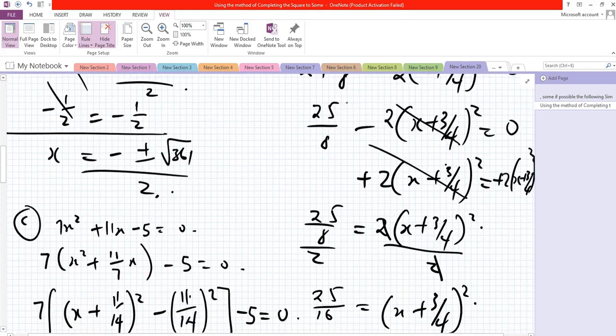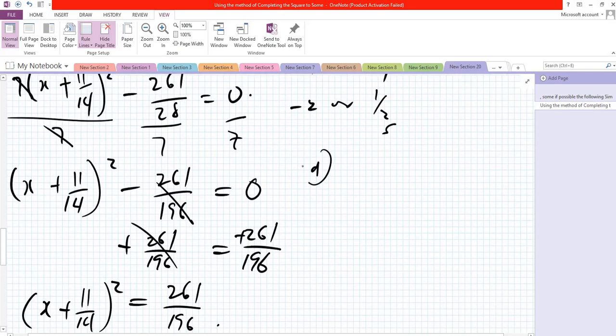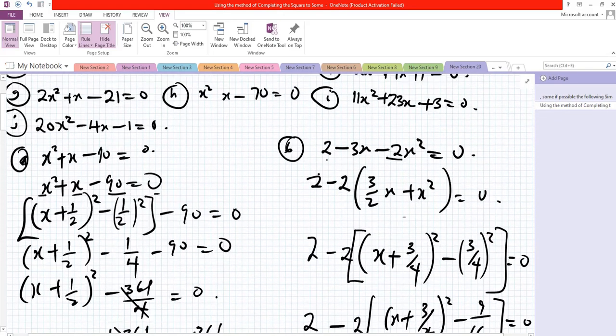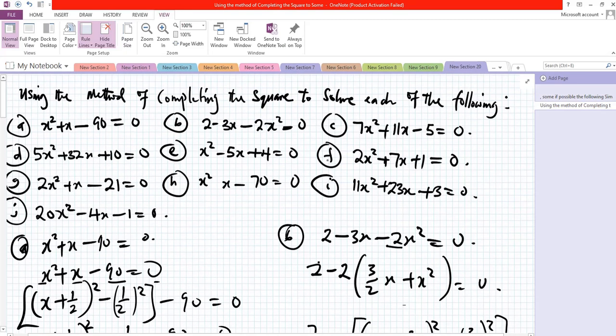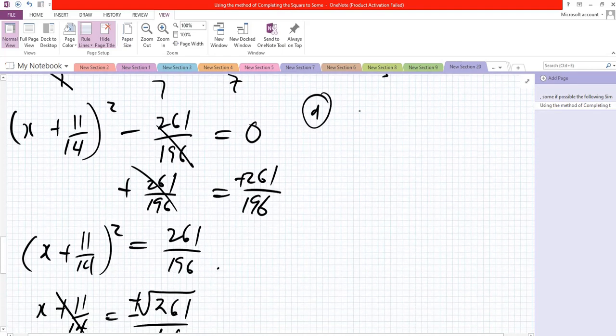Now the next one, D. D is equal to 5x squared plus 32x plus 10 equal to 0.